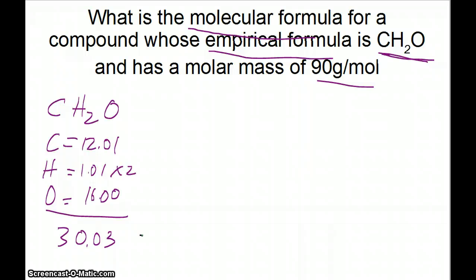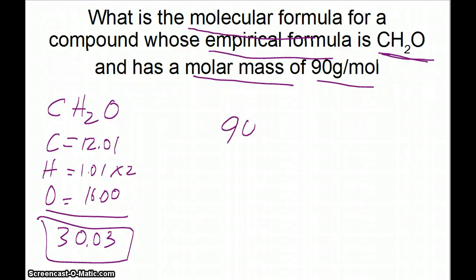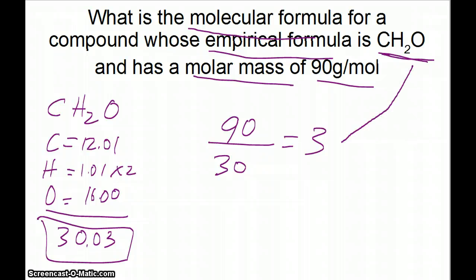So once we found the empirical formula's mass, to find the molecular formula, what we do is take our molar mass of the molecular formula, which is 90, and divide that by our empirical formula's mass. Okay, so obviously that's 3. So the molecular formula, to find that, we're going to simply take our empirical formula and times it by 3. So this becomes C3H6O3. Okay? So that's how we do one of those problems.